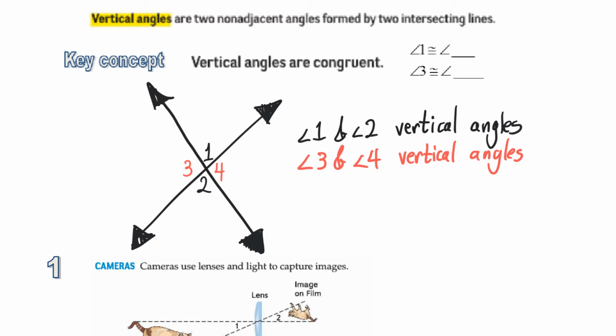Angle 3 and angle 4, the way we did it, are a pair of vertical angles. What vertical angles are is simply angles that are across from each other like this.